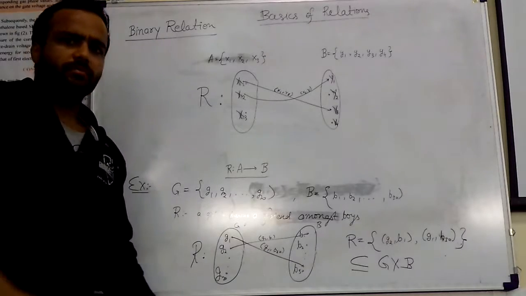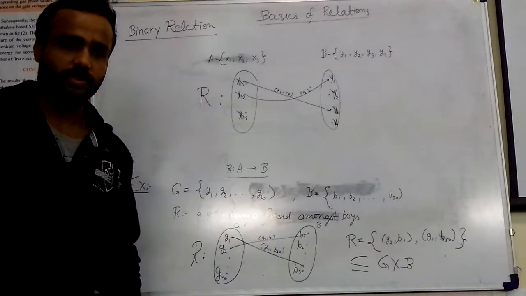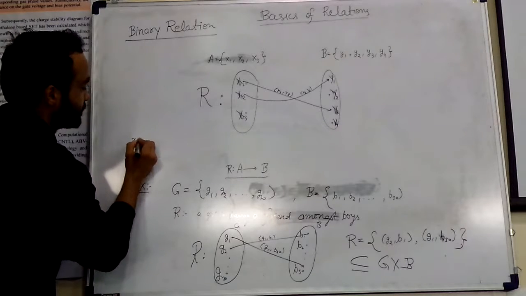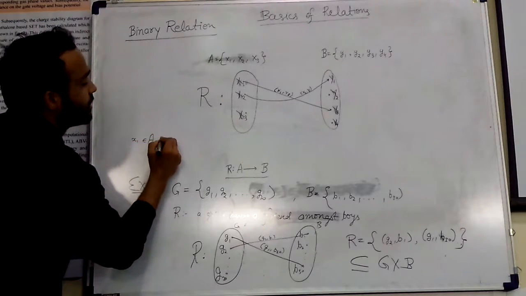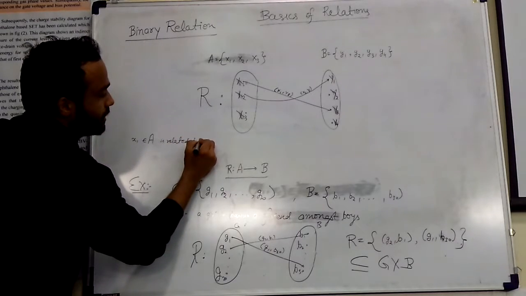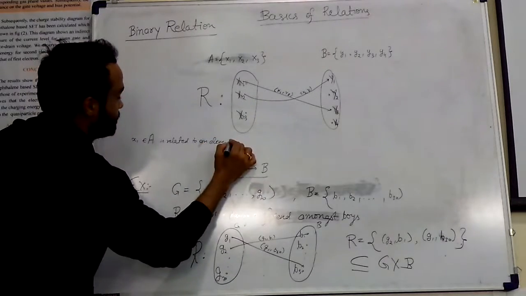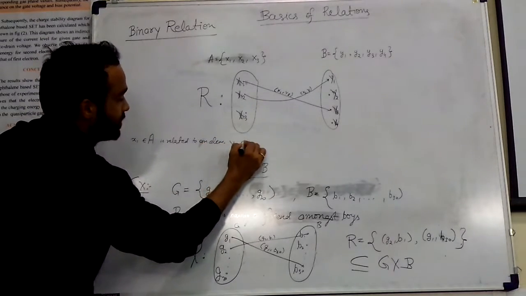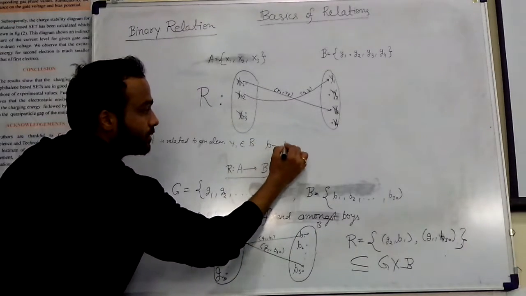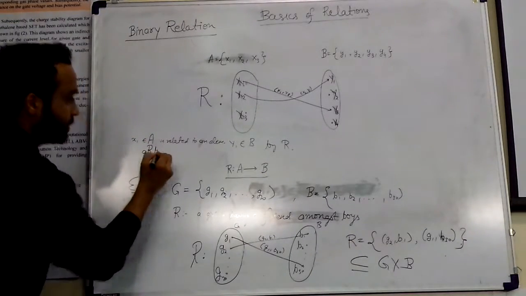So wrapping everything up here, I would like to define some notations. If an element x1 from A is related to an element y1 from B by a relation R, we can also say that a is related to b.